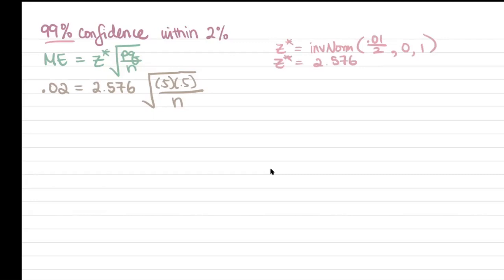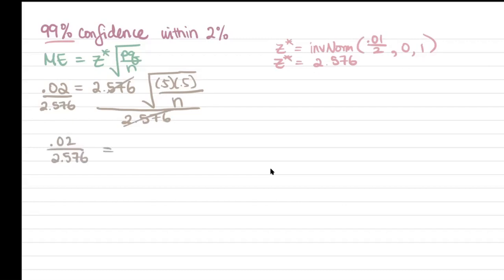Now to solve. The first thing I would do is divide both sides by 2.576. So I get 0.02 divided by 2.576.